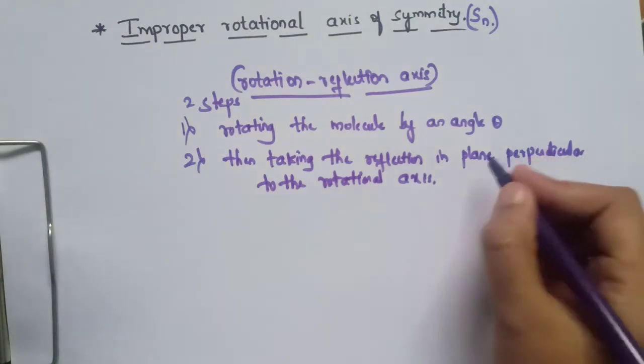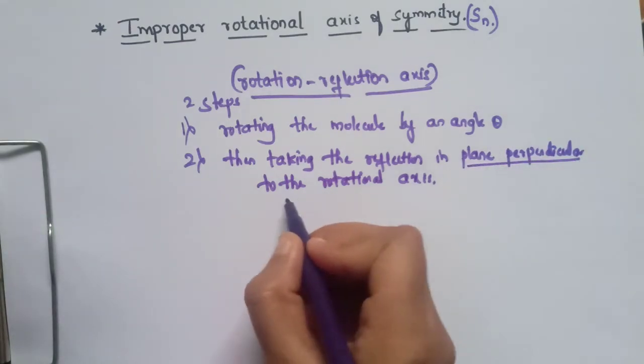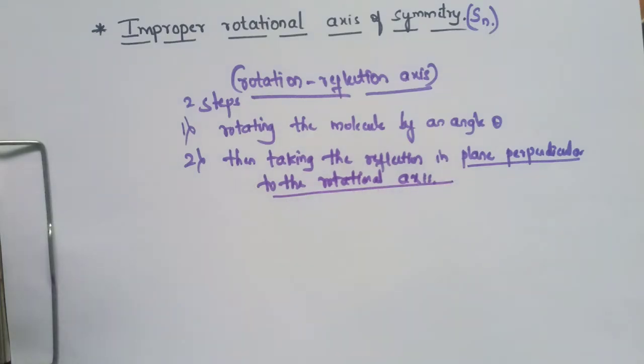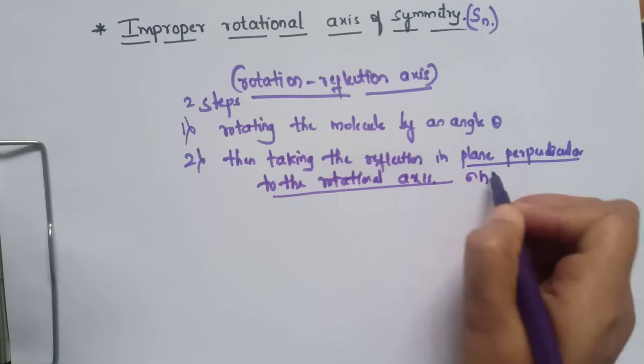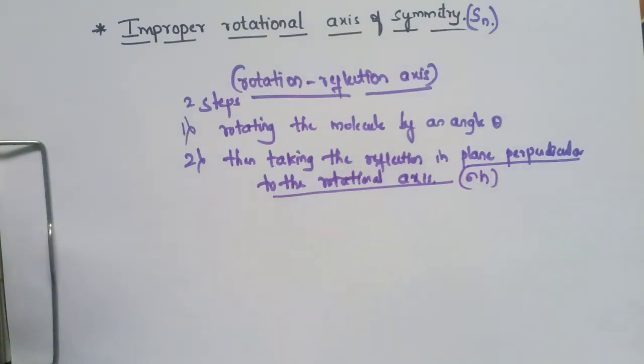We already know what the plane perpendicular to the rotational axis is. If the plane is perpendicular to the rotational axis, it is called sigma h, the horizontal plane of symmetry.